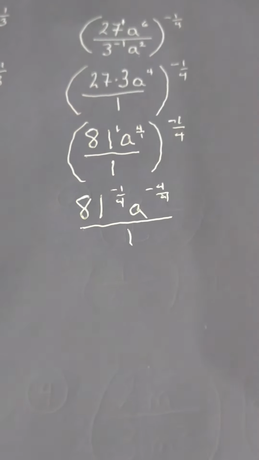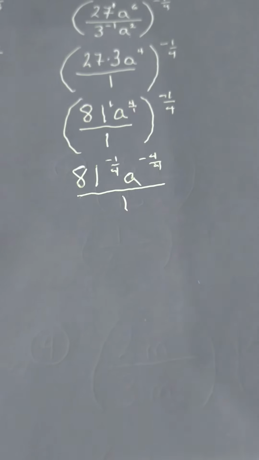And now we have to find, sorry, it kind of got blurry. That's what I get for buying an Asus. I'm going to move this down and make a positive, move that down and make a positive, down to the denominator. So I have 1 over 81 to the 1/4, which is the 4th root of 81, and a to the positive 4/4, which I'm just going to call a to the 1, because 4 divided by 4 is 1.